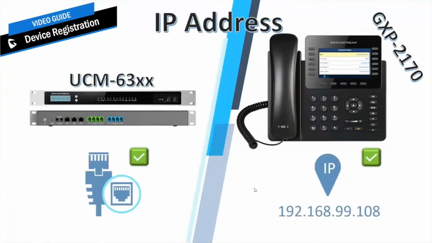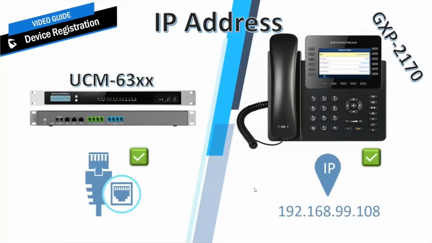Now, in order to configure the phones and be able to input those credentials, we first need to get the IP addresses of the device so we can access the web GUI. For all of the Grandstream products, magkakaiba sila pero konti lang naman yung mga pinagkaiba nila, and you can get this by interfacing with the phone.